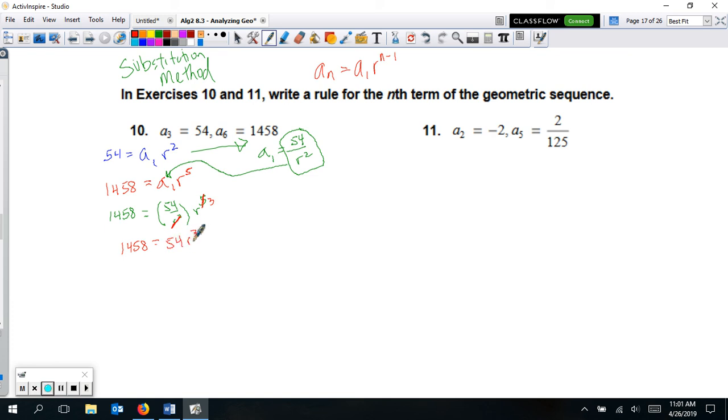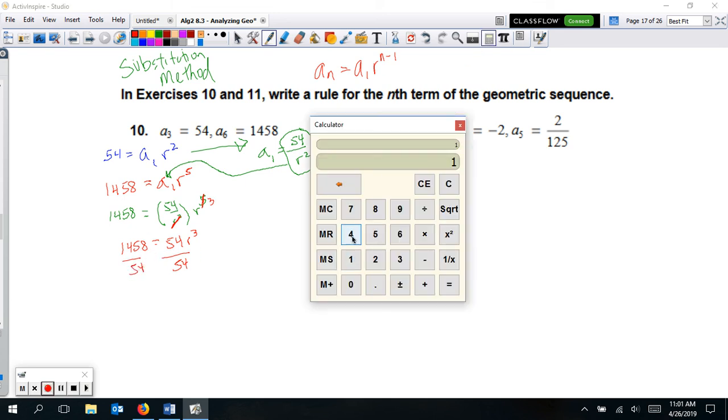So now let's get the r to the 3rd power by itself by dividing by 54. And so when I divide that, let's use our calculator just to figure that out real quick. 1458 divided by 54. And that's going to give us 27. So this will be 27 on this side, equal to, because these canceled out there, r to the 3rd.